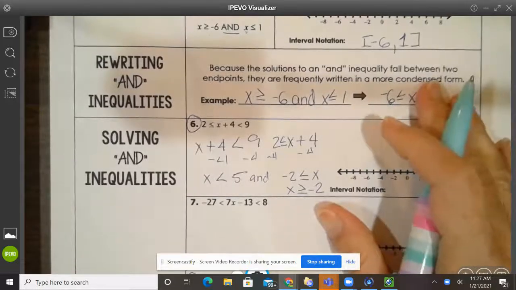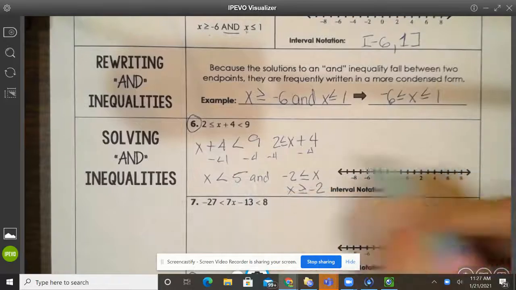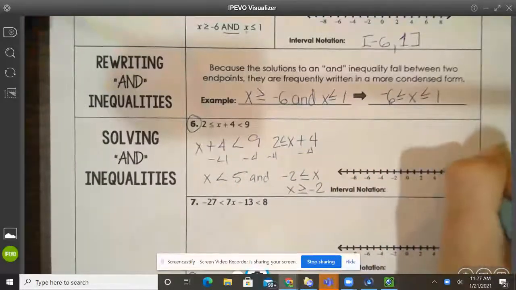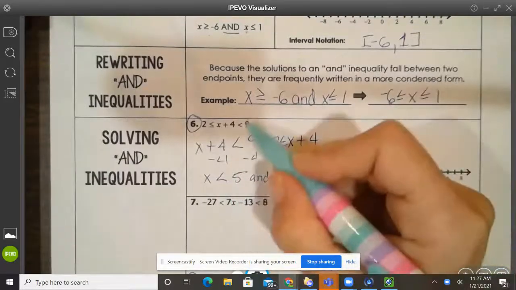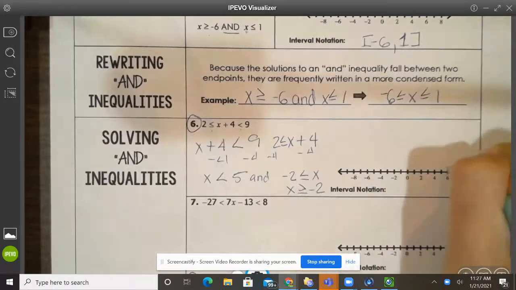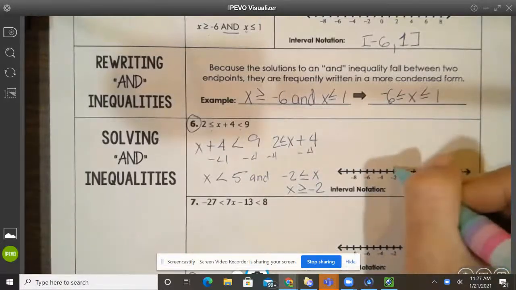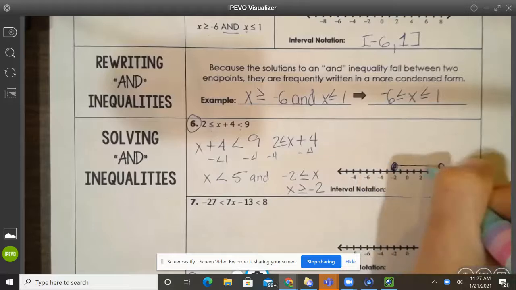Okay, so now we're gonna do our graph. Our line is going to be in between. We're going to use one open circle and one closed circle. So 5 is the biggest, and then it's between negative 2, which is a closed circle, right? So our line looks like this.